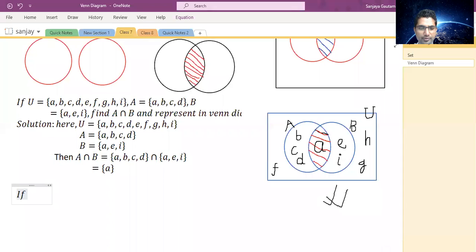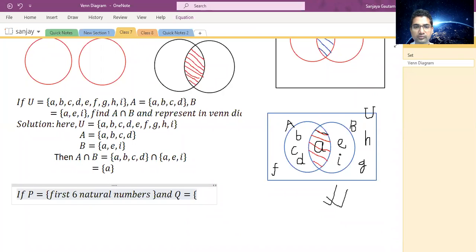If P is equal to the first 6 natural numbers, and Q is equal to x such that x is a prime number, x is less than 10.